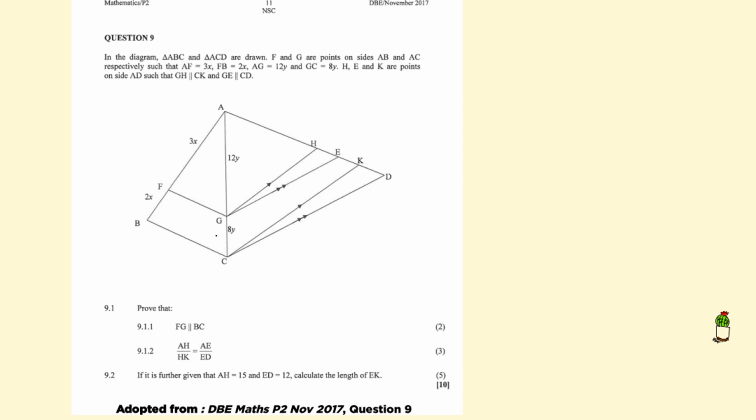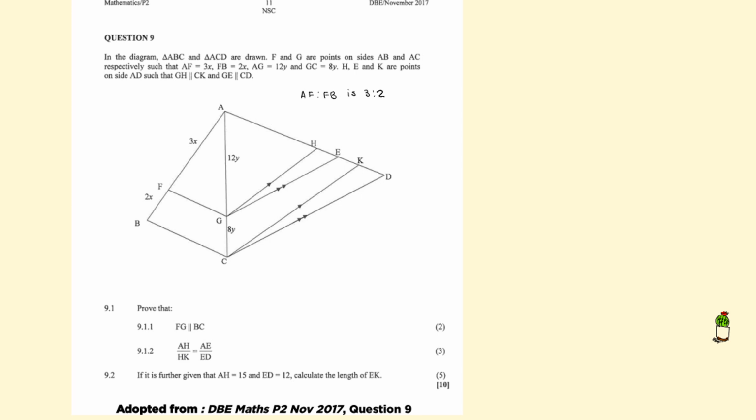So something that's nice in this question is that they stated your proportionality in terms of variables. This x and this y are what we call placeholders. In other questions they can even give you the proportion simply as AF to FB is 3:2.